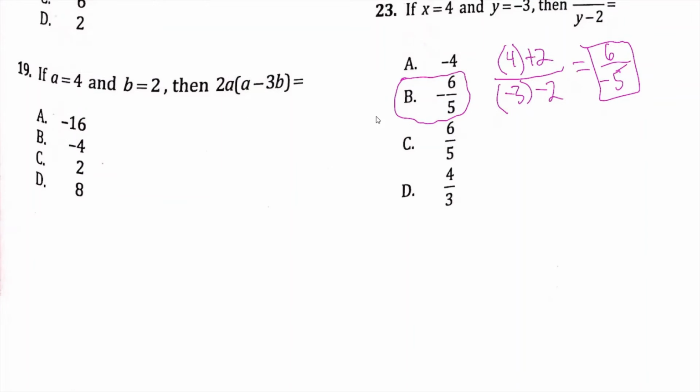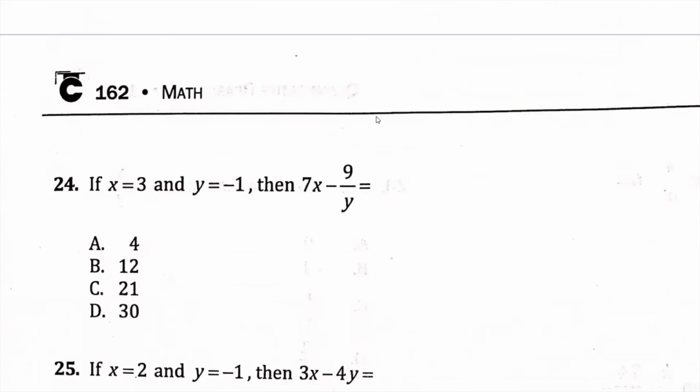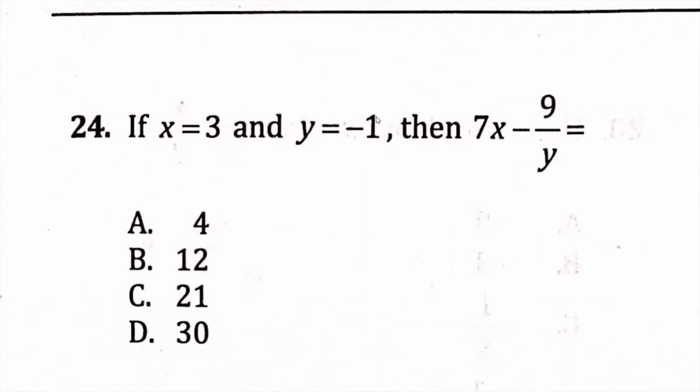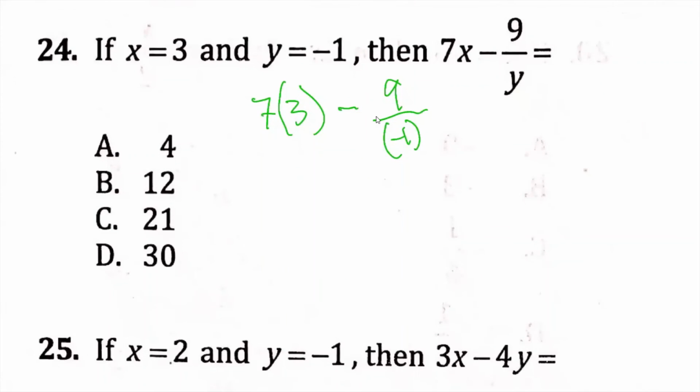Moving on. So here, we're just going to plug and chug, right? So here, we just plug in x equals 3 to the x, y equals negative 1 to the y. So we plug it in, right? So we go 7 and then 3 minus 9 over negative 1. 7 times 3 is 21.